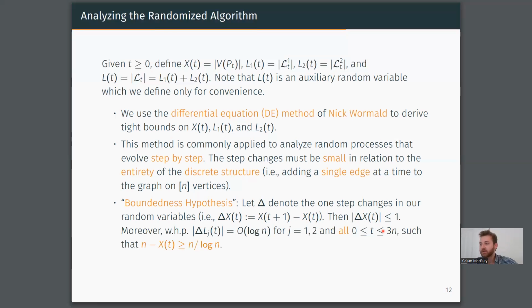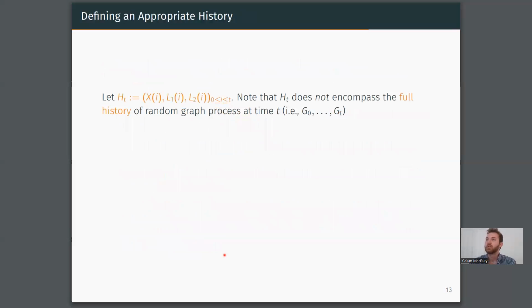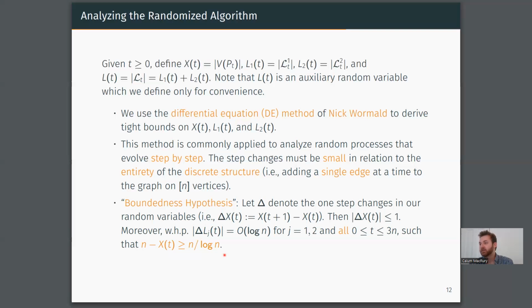And similarly, a slightly more technical condition is that we can show that with high probability, the change to the 1 red and 2 red vertices is no more than big O of log n, assuming that the number of unsaturated vertices is sublinear, is how you can interpret this last term. Okay, so we now have stated the boundedness hypothesis.